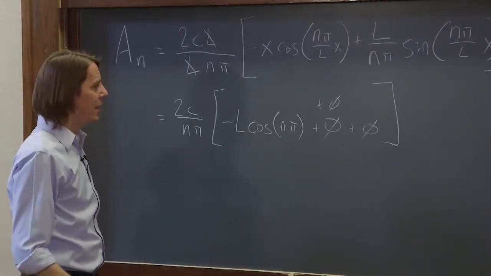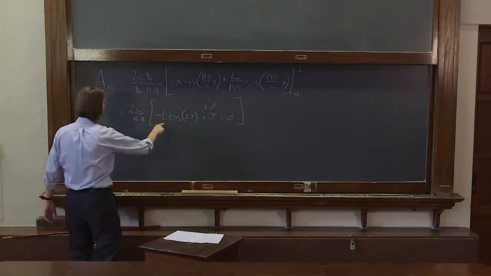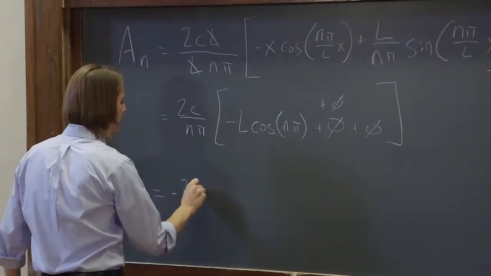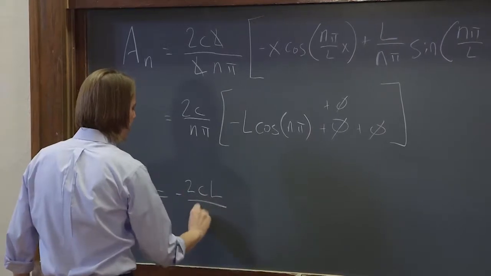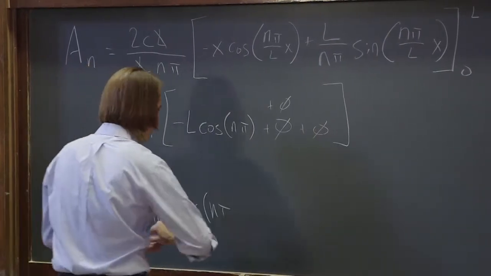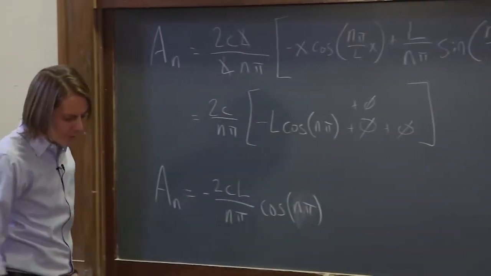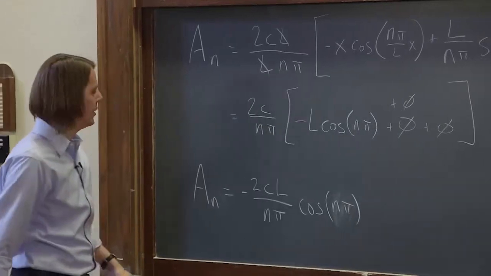So you can see, actually, that the AN comes down to something not too complicated. It's minus 2CL over n pi cosine of n pi. Correct? Yes, that is correct.